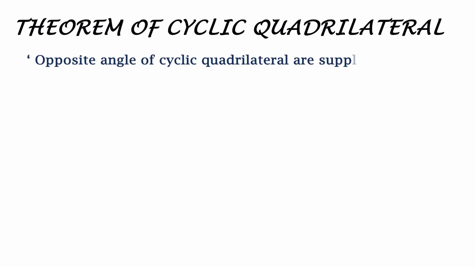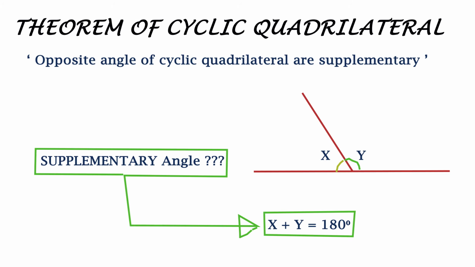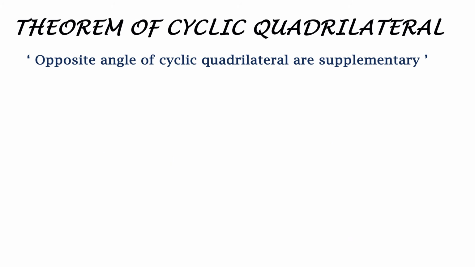Now see the theorem of the cyclic quadrilateral. What is the theorem? Opposite angles of a cyclic quadrilateral are supplementary. What is supplementary? Supplementary angles are two angles with a sum of 180 degrees. So we want to prove that the sum of opposite angles of a cyclic quadrilateral is 180 degrees.